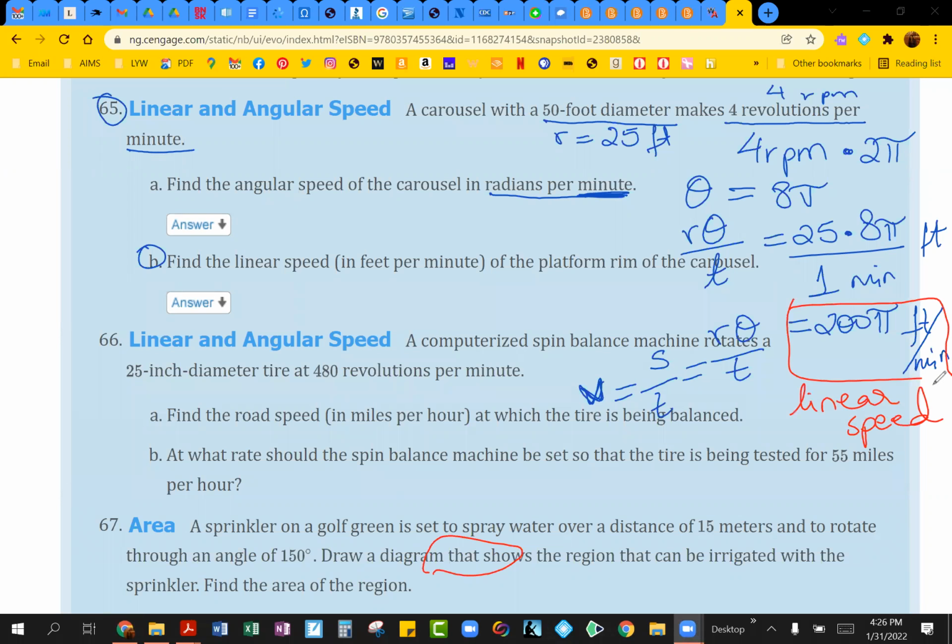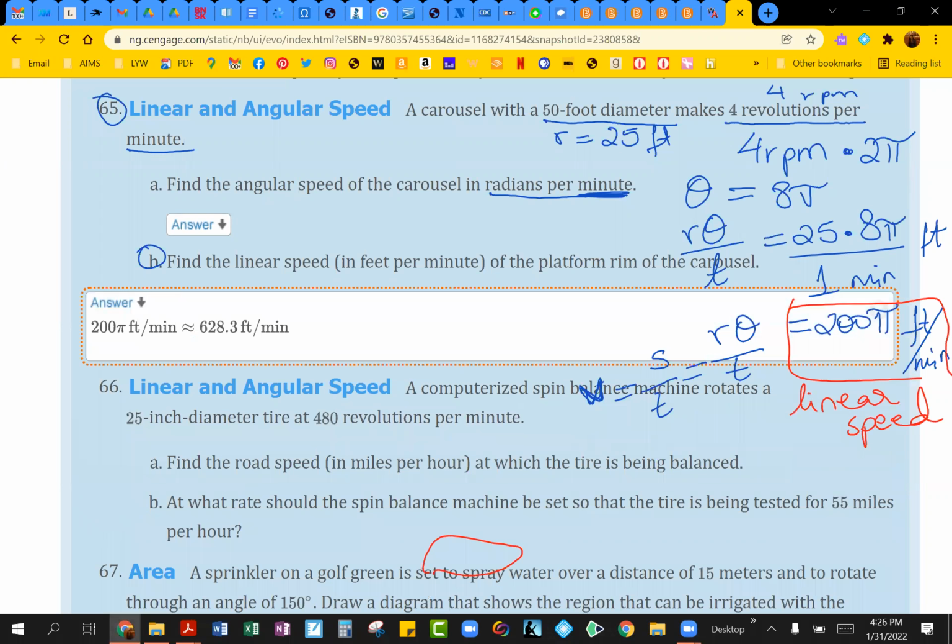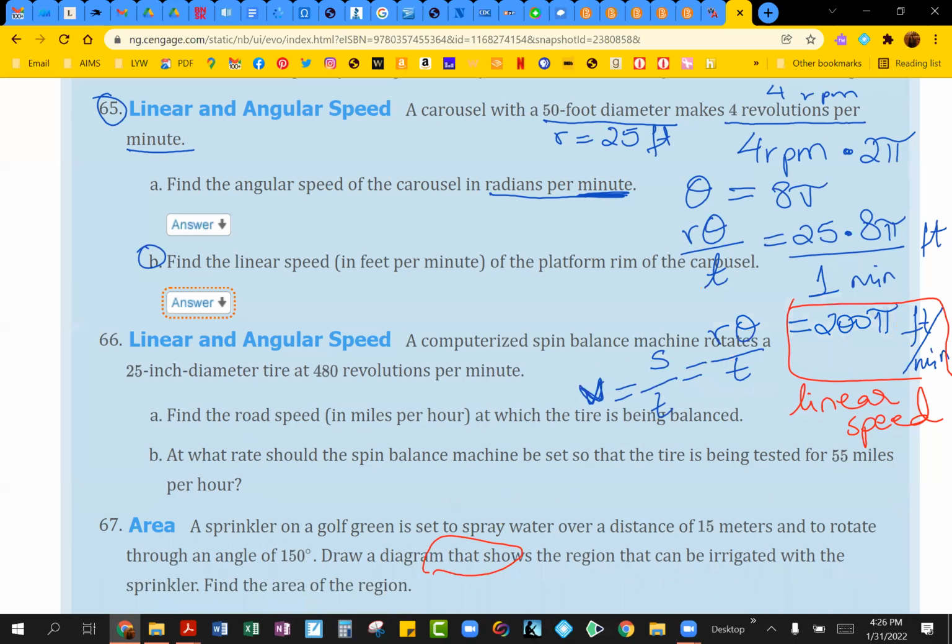Since this is an odd numbered problem, you can go ahead and verify that answer. If you take the 200 and multiply it with the pi key on your calculator, or use pi as 3.14 if you want an approximate answer, that's where you'll get that 628.3 feet from. So yeah, this is your linear speed.